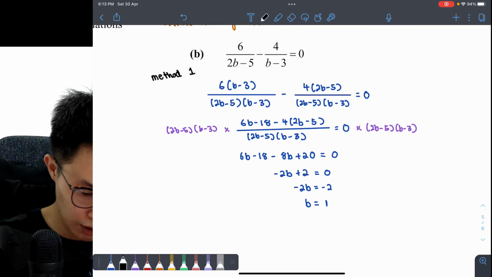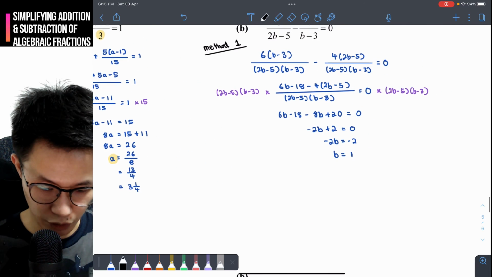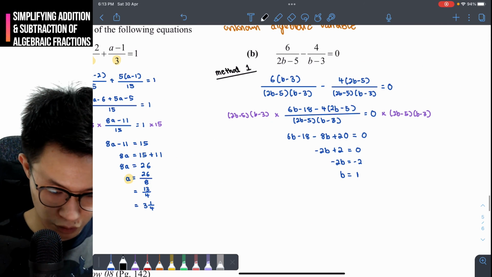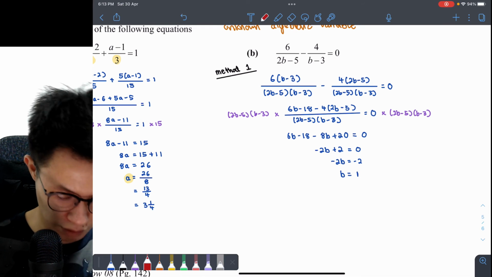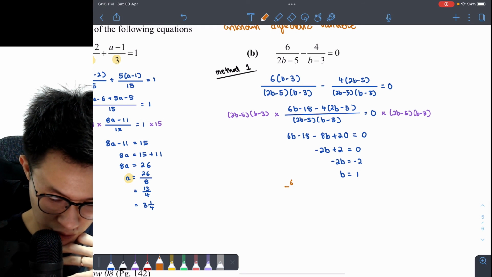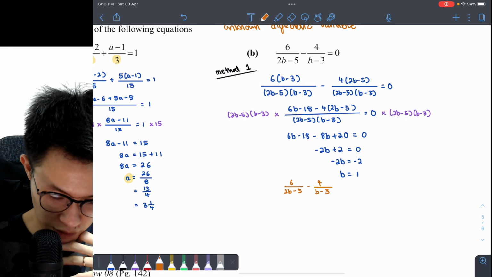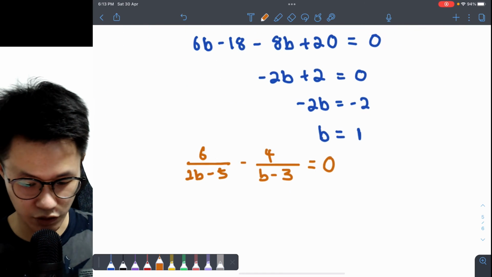The second method I will show you here is quite straightforward as well. I'm going to use a different color to show you. If I start with 6 over 2b minus 5 minus 4 over b minus 3, and the unique thing is the right hand side equals 0.